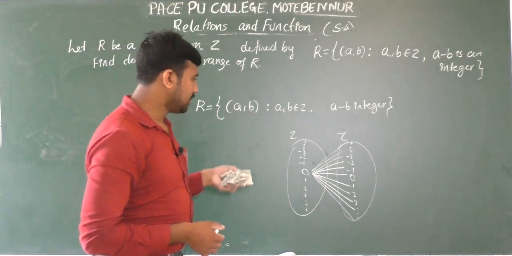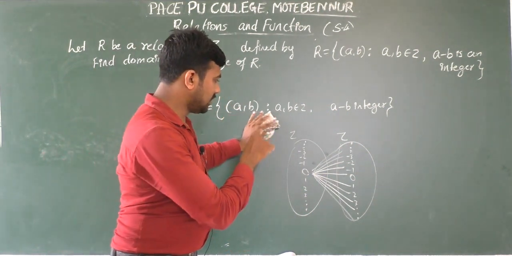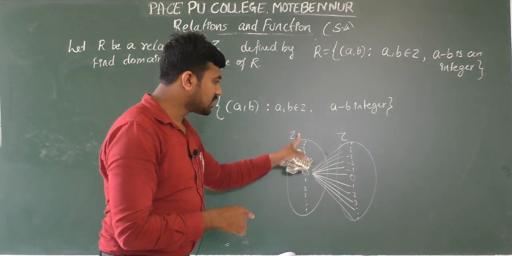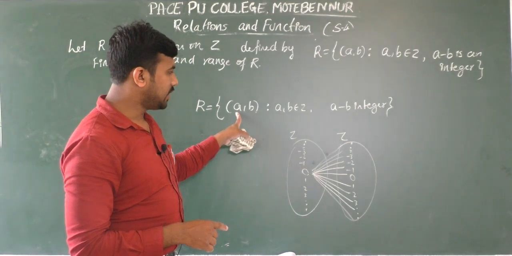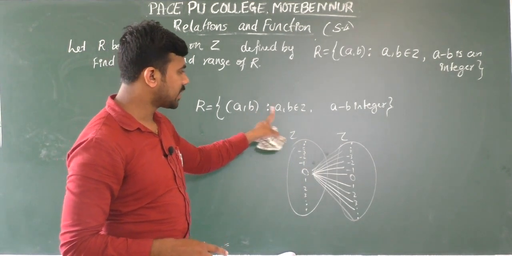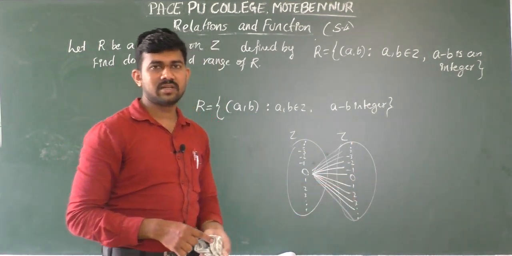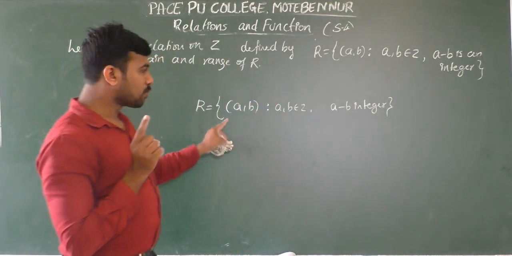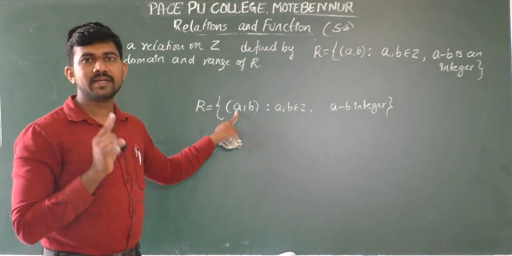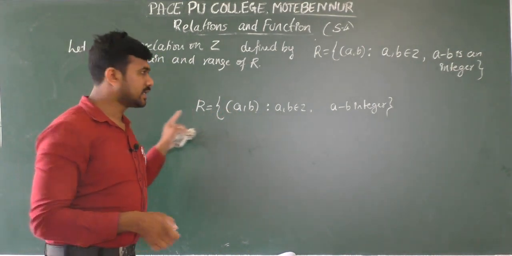So here all the numbers are included in the first component of the ordered pair, and in the second component of the ordered pair also we get every number. So the set of all first components is all the integers, that is Z.